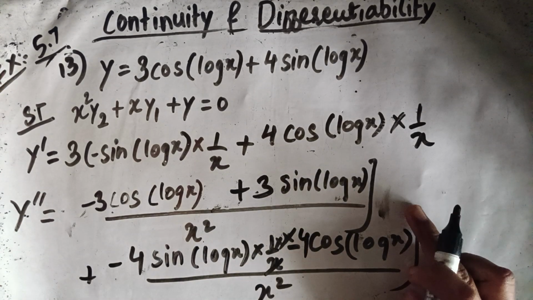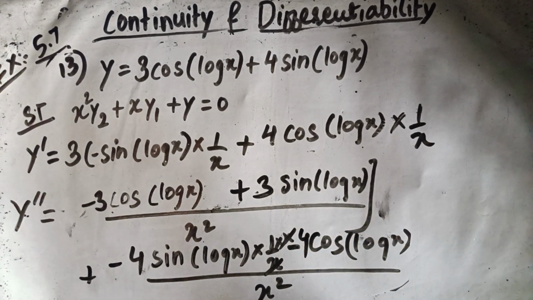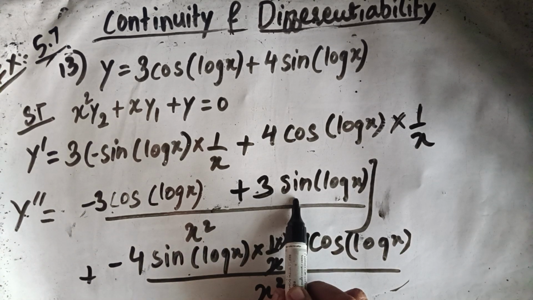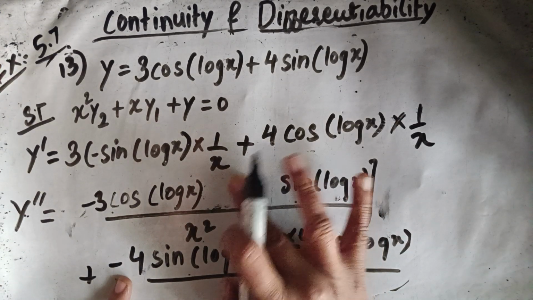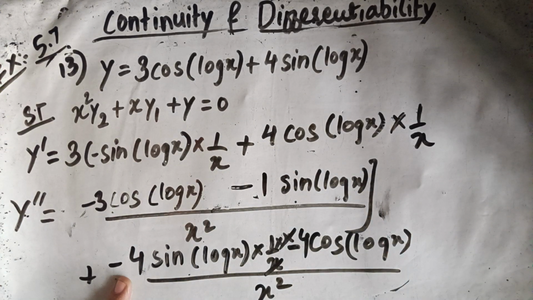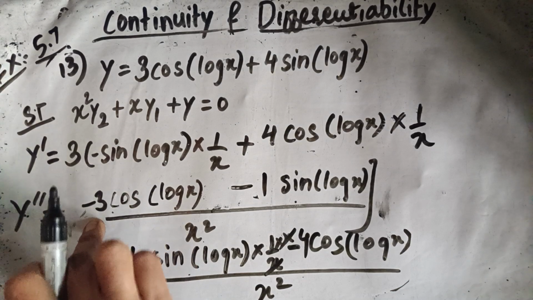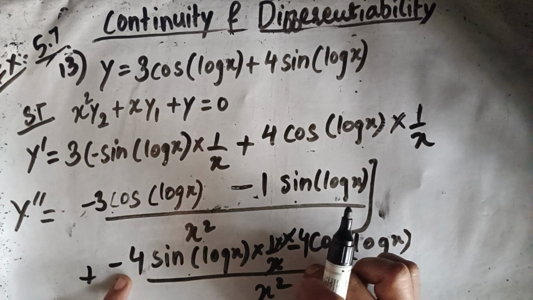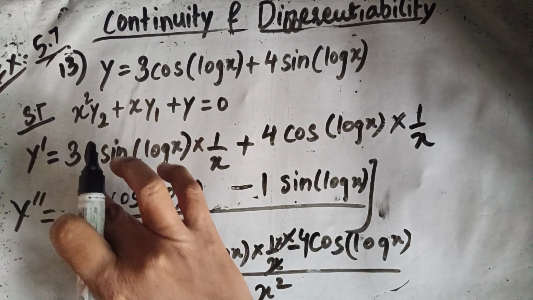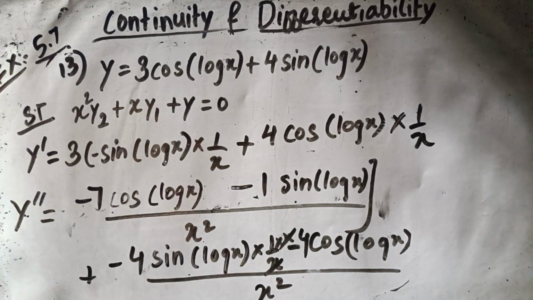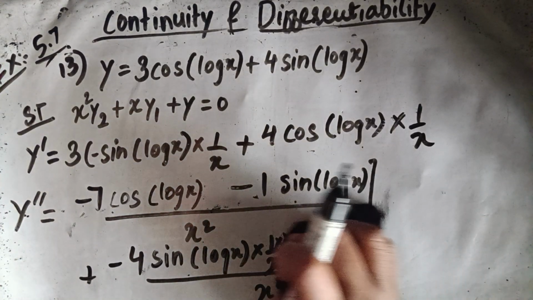So we can add this and this term. Minus 4 plus 3, so this will be minus 1. And minus 3 and minus 4, so minus 7.